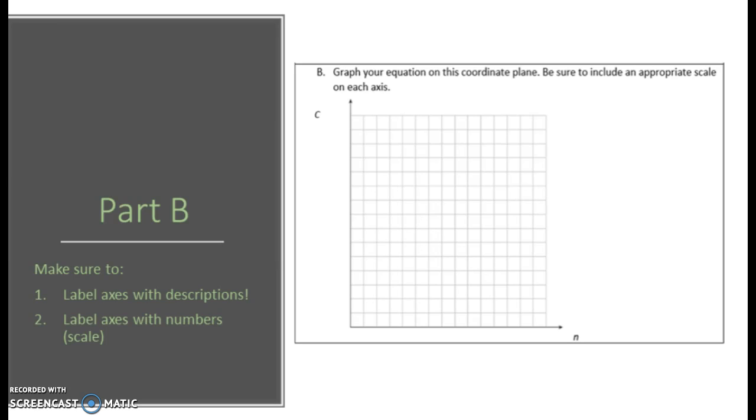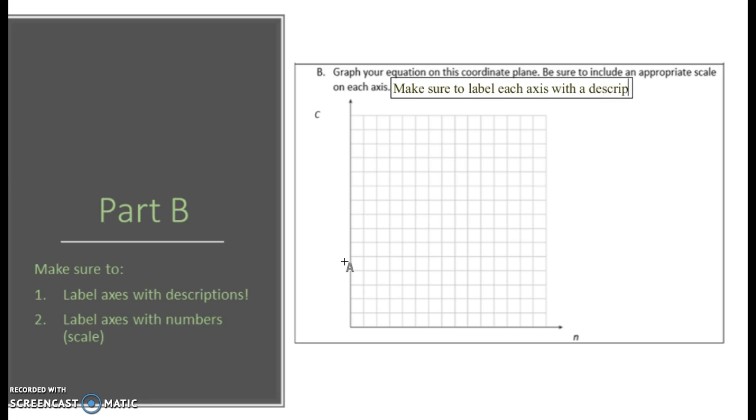All right, part B, graph your equation on this coordinate plane. Be sure to include an appropriate scale on each axis. I believe I updated this also. Make sure to label each axis with a description.